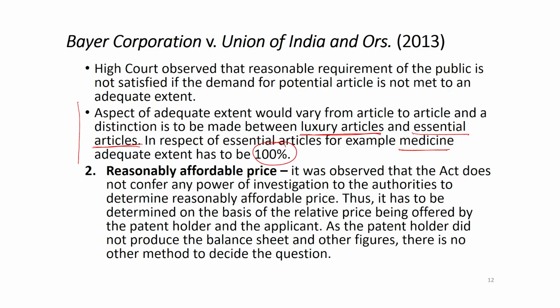If Bayer is offering the drug at a very high price, maybe 1,60,000 rupees for 1 month's dose, and NATCO is offering it at 8,000 rupees per month's dose, then there can be only one conclusion, that the price offered by Bayer Corporation is not reasonable.